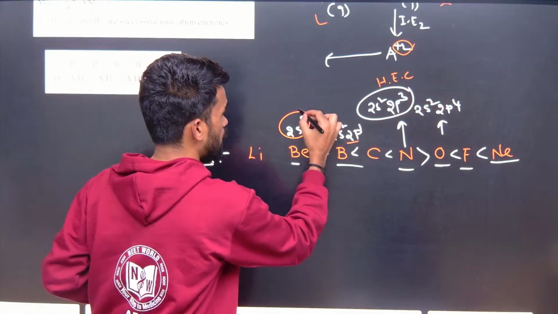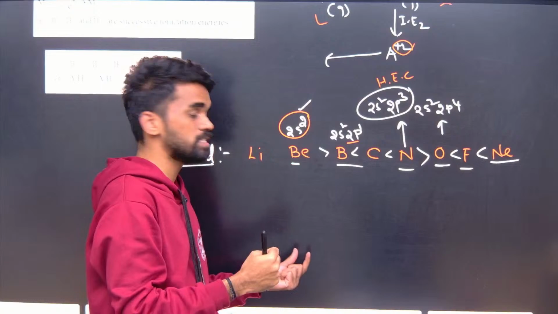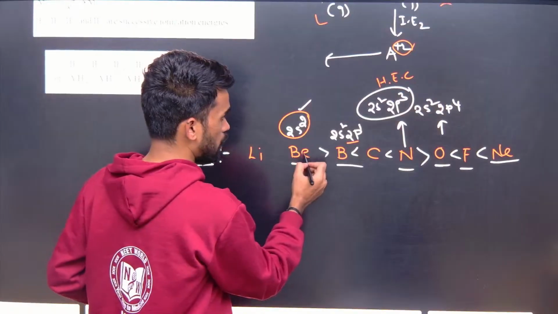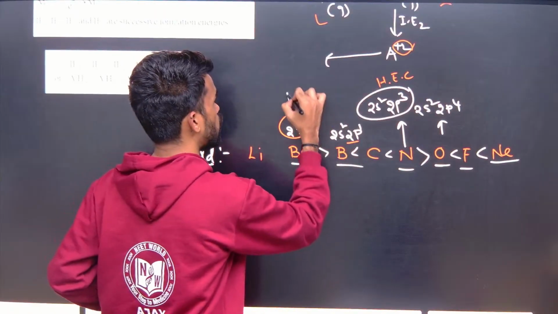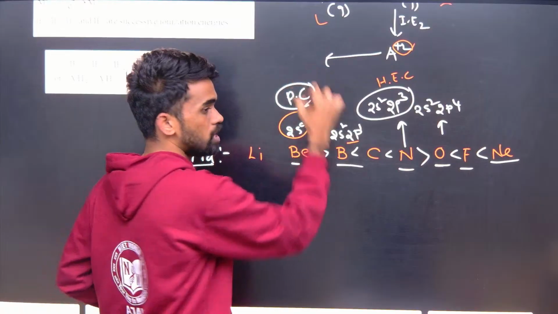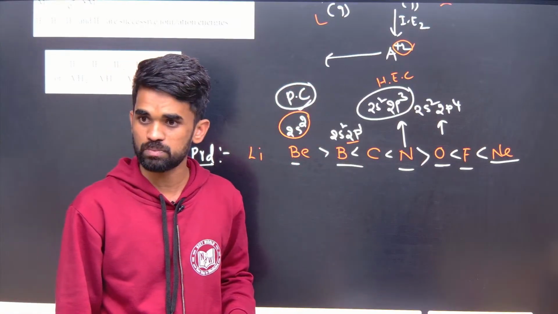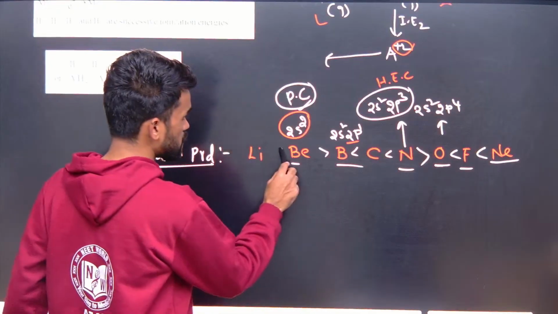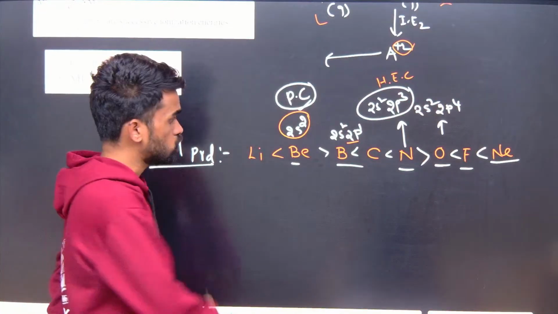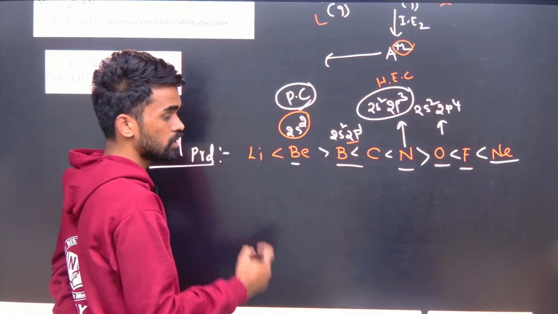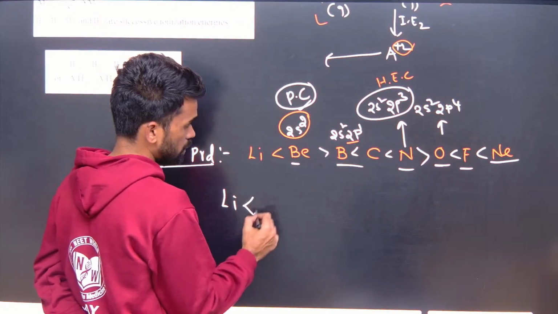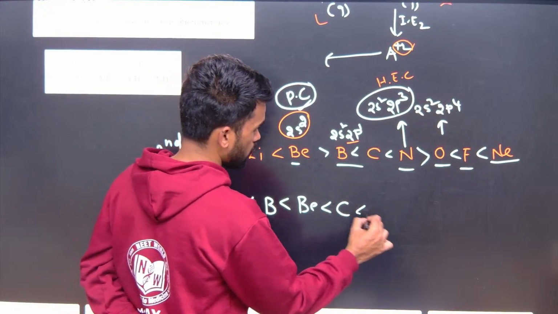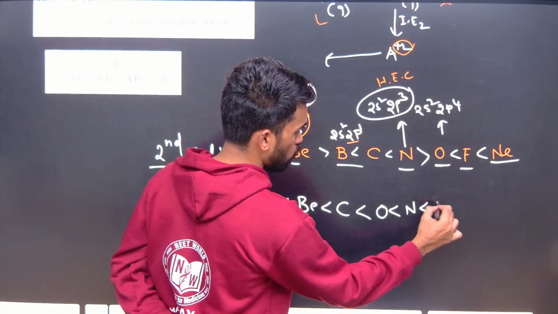Therefore the ionization energy of beryllium, a second group element, is greater than the 13th group or 3A group element, so beryllium is more than boron. This effect is called the penetrating capacity of the s orbital, which is more than that of the p orbital electrons. So what is the finalized order? Least is for lithium, then boron, next beryllium, next carbon, oxygen, nitrogen, fluorine, neon.